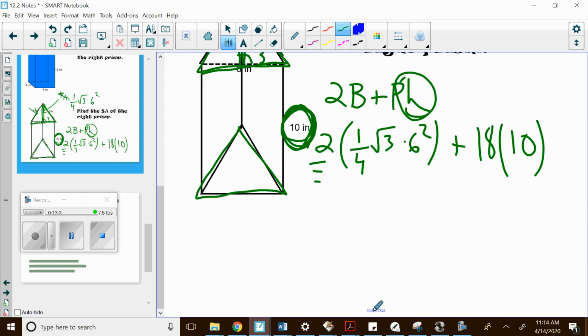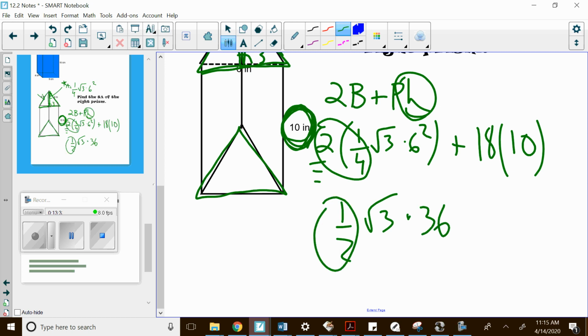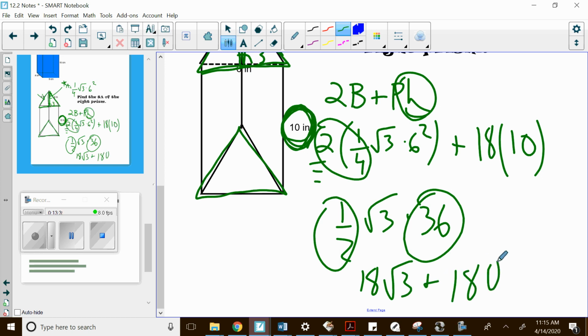Okay, so this is calculation now. I'm going to take this 2 and this 1/4 and call it 1/2. So 1/2 times the square root of 3 times 36. Half and 36 make 18. So now I have 18 root 3 plus 180. That's a plus sign.